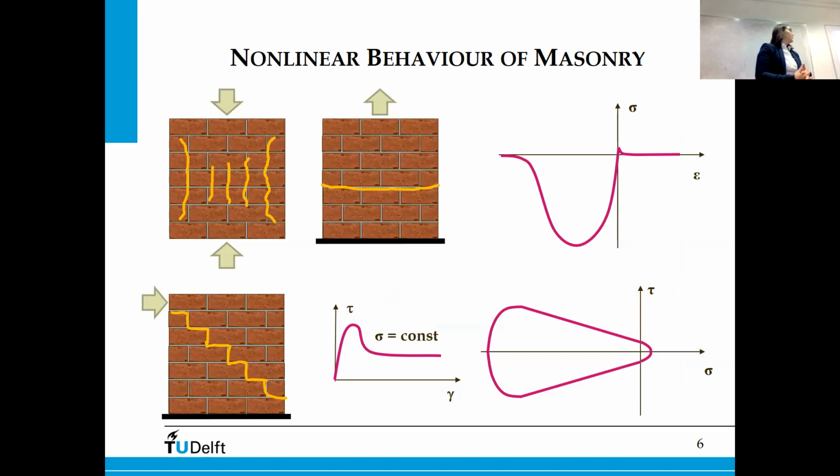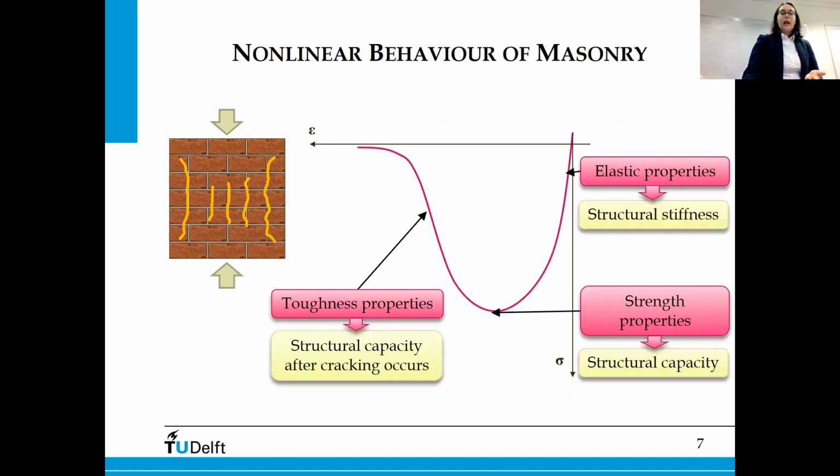So we all know that masonry structures can still withstand load even if cracked, and this is all due to the material's nonlinearity, with large softening even after the first crack has started. And we know that the important responses in tension, compression, and shear are the ones relevant to address when we characterize the material.